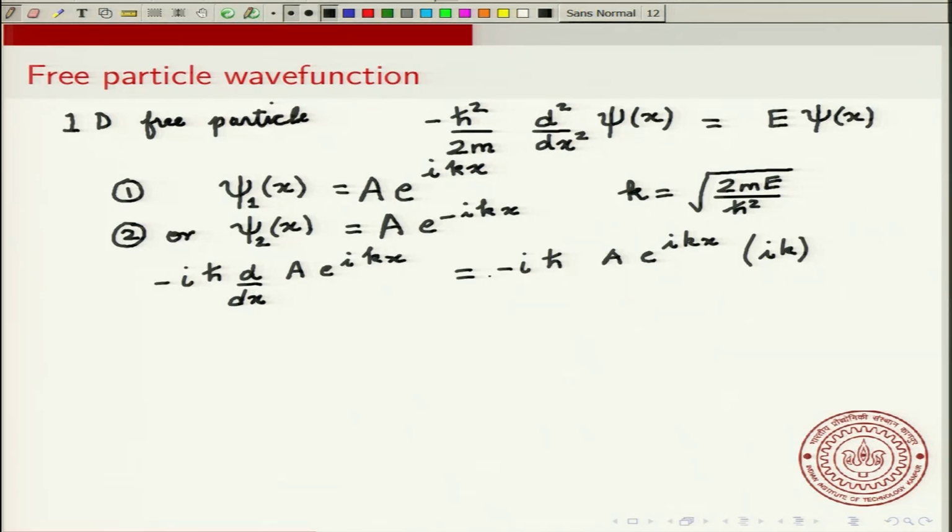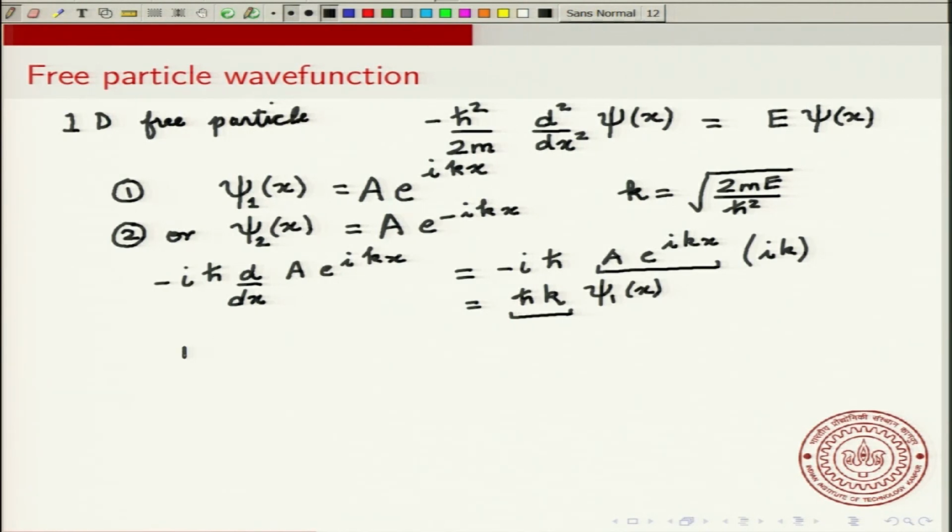And i into minus i is minus i square, which is plus 1. So you just get h cross k, and what you are left with is the same wave function that you started with, which is psi 1 of x. That means this h cross k is the eigenvalue of momentum.